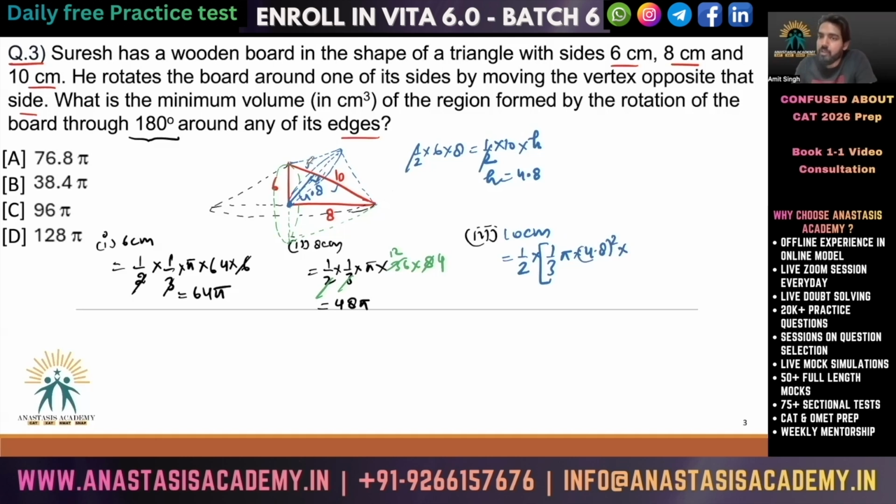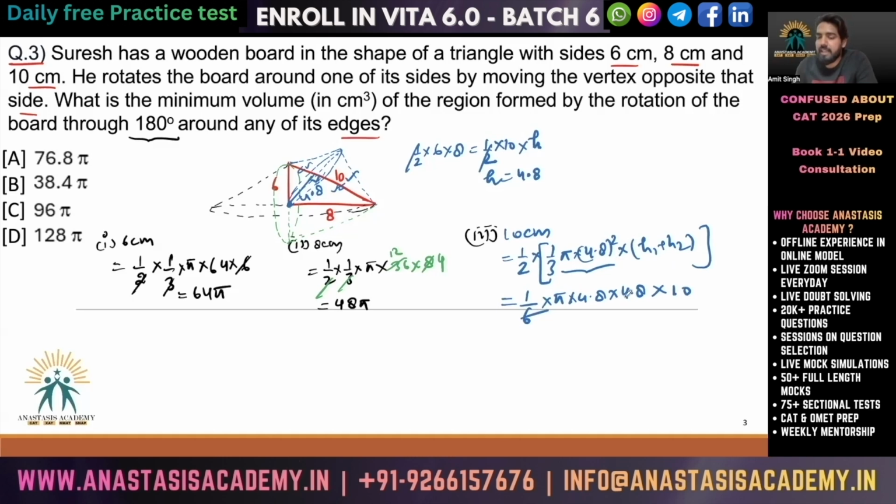The height of one cone is h1 and the second is h2. If you take this part common, you are left with h1 plus h2, and this h1 plus h2 will give you 10. That is the complete hypotenuse. So it would be 1 upon 6 into pi into 4.8 into 4.8 into 10 into 10.